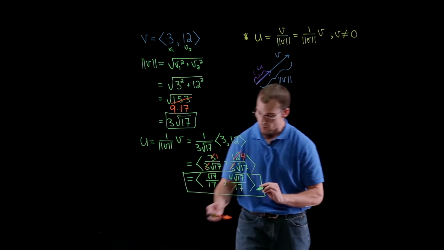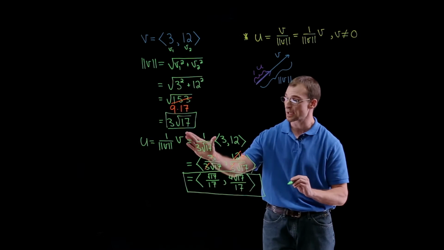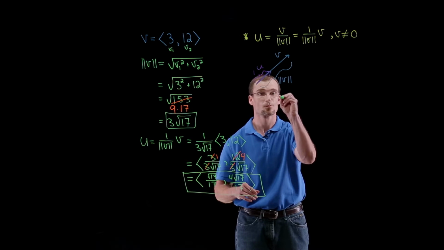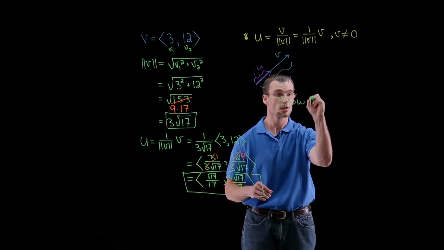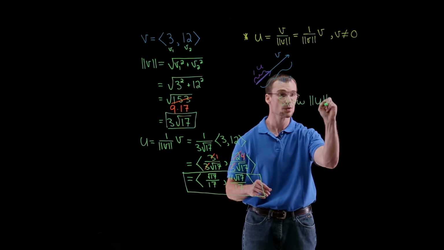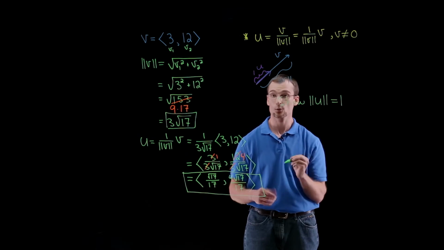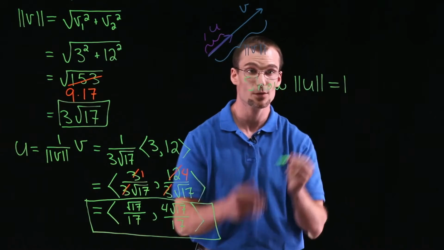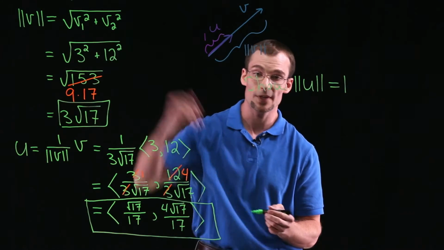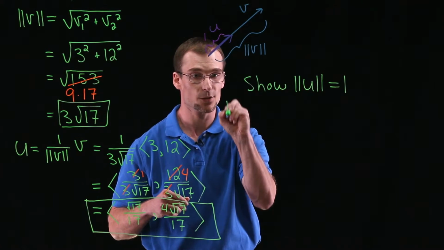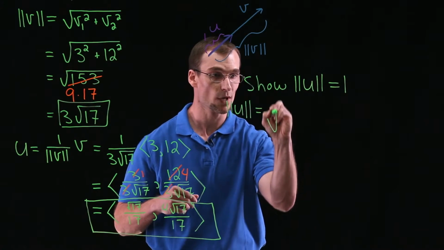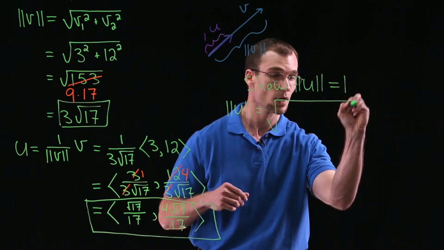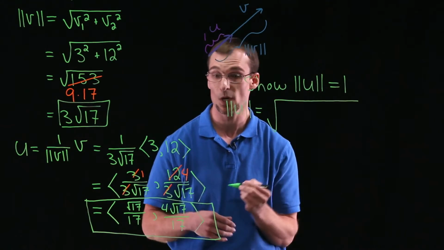So let's go ahead and show the last part. We want to show that the length of u, or simply the magnitude of u, is equal to 1. How do we do that? Same thing that we did with v. The magnitude of u is equal to the square root of the sum of squares of its components.